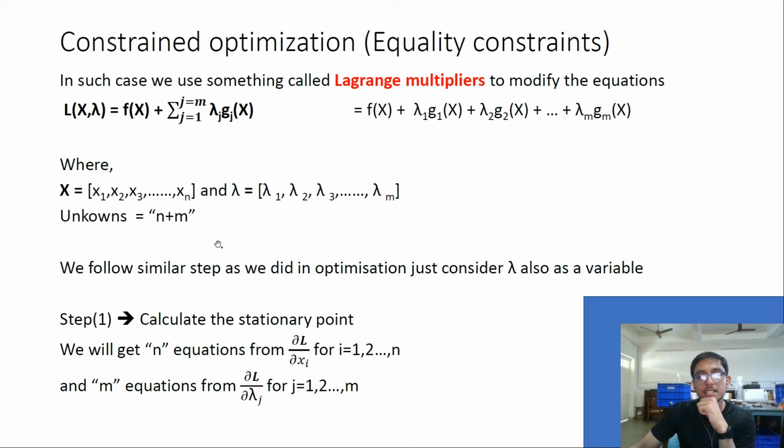So we partially differentiate this function L(x, lambda) by x, and by all the lambdas. When we differentiate with x, we get n equations. When we differentiate with the lambdas, we get m equations. And using those n plus m equations we can get the n plus m values for these variables.